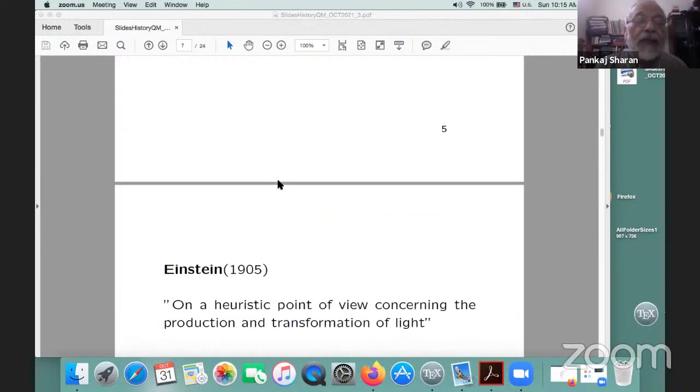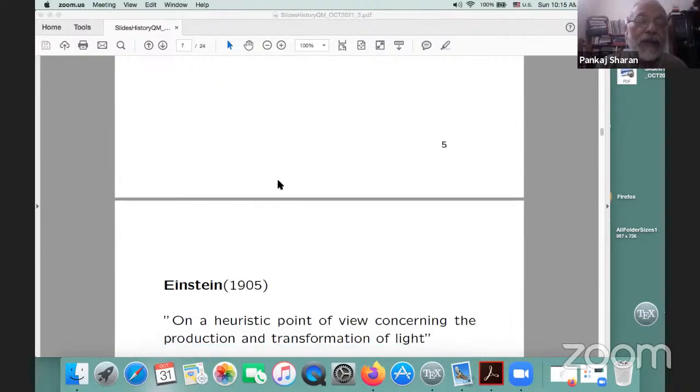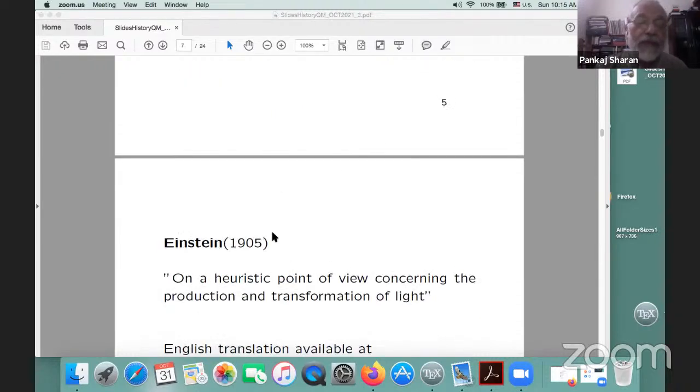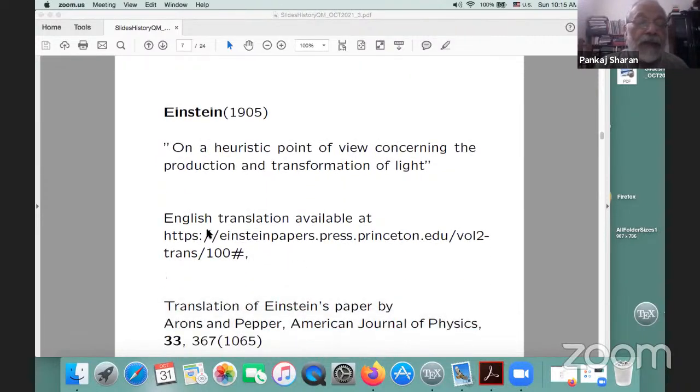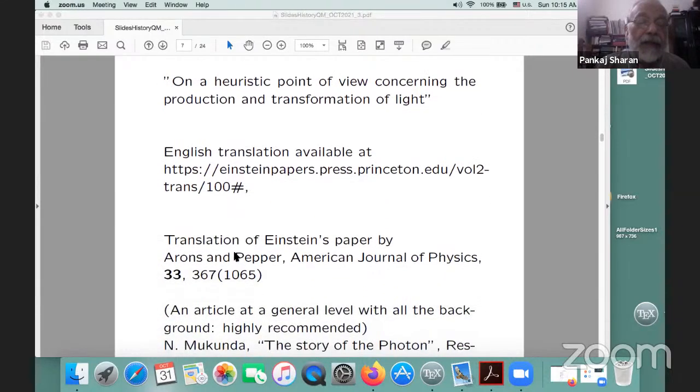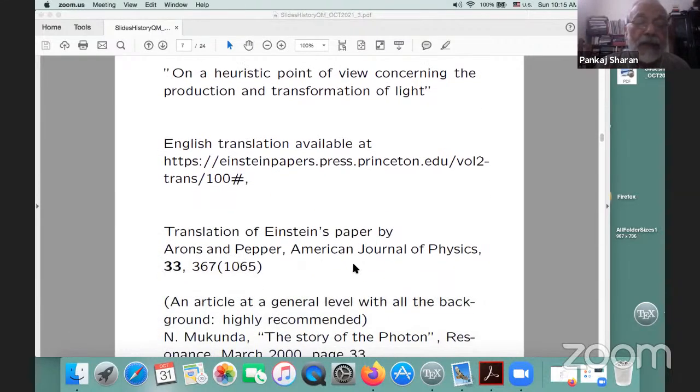Now, today we will begin with this background, Einstein's 1905 paper. It is called On a Heuristic Point of View Concerning the Production and Transformation of Light. It is in Annalen der Physik and it's in German. This is the translation of the paper, and this English translation is available at this website, and this translation also appears in an American Journal of Physics paper by Arons and Peppard.